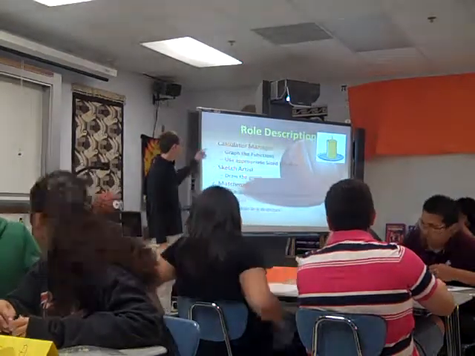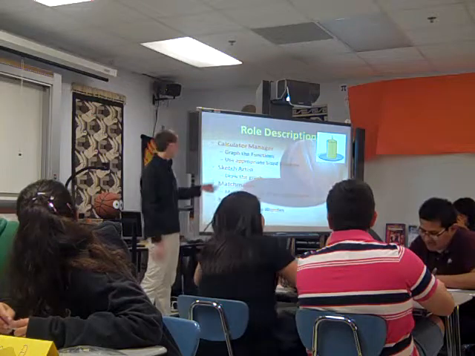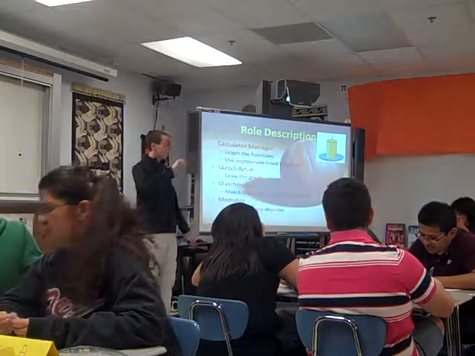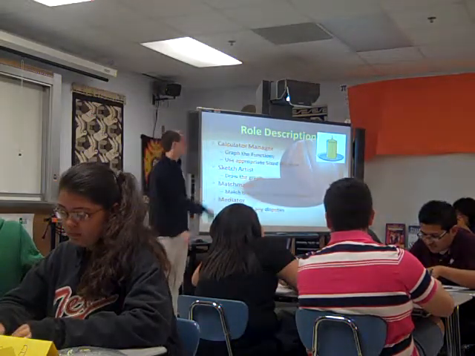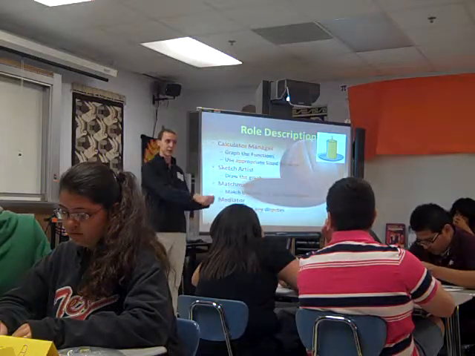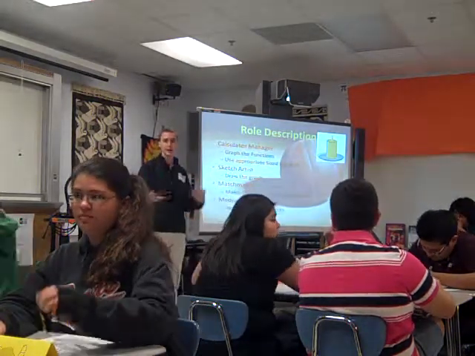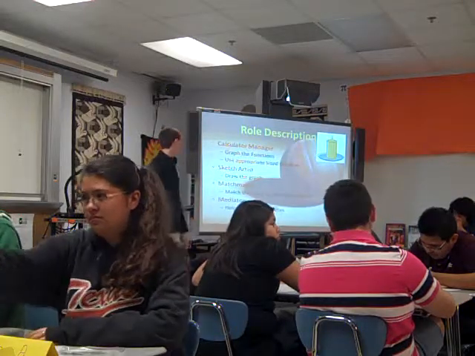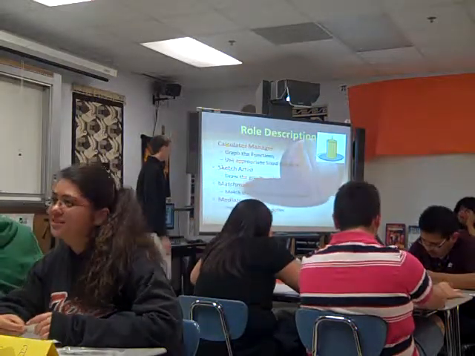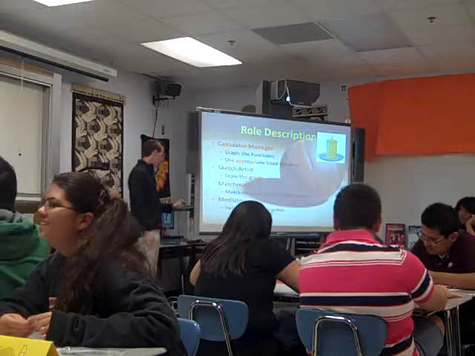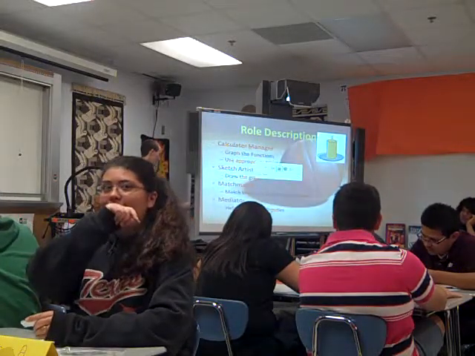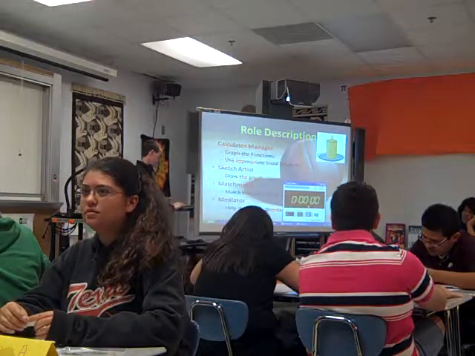The calculator manager graphs on the calculator, the sketch artist draws it on the graph. The matchmaker is the one in charge of putting the cards where they go. And the mediator is if two people think that a card goes in a different place, they help decide that. So y'all go ahead and we're going to give y'all 15 minutes to do that. And I'll be walking around.